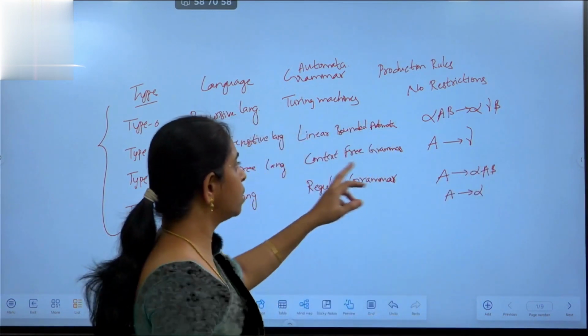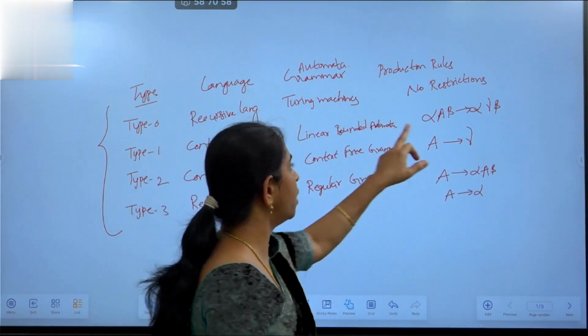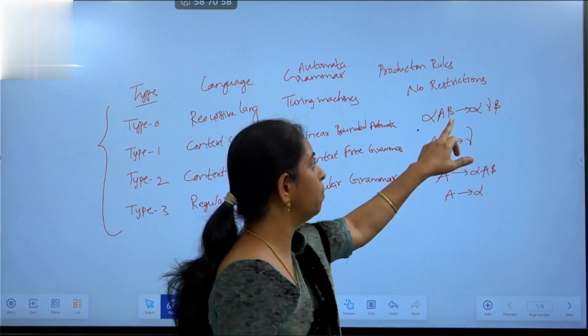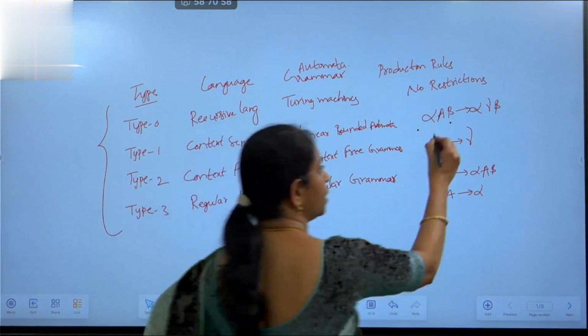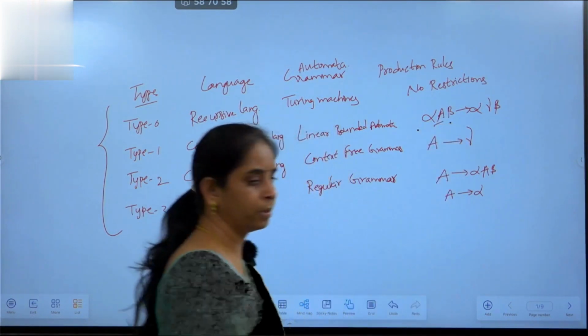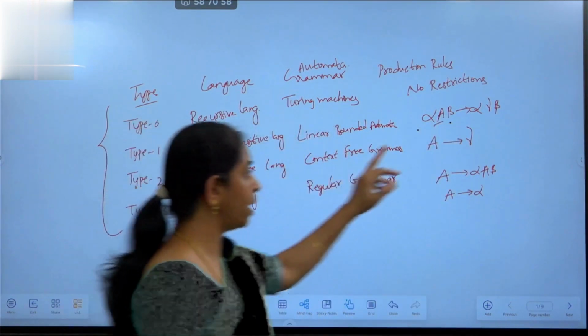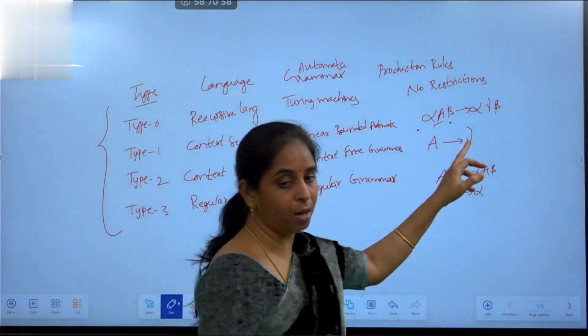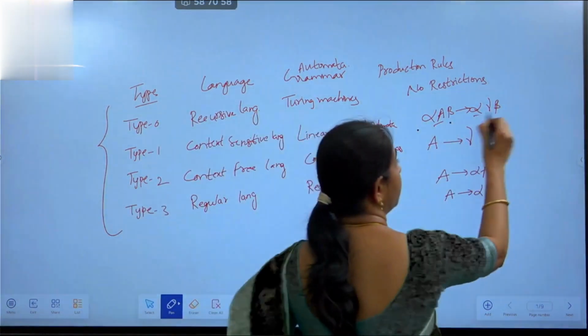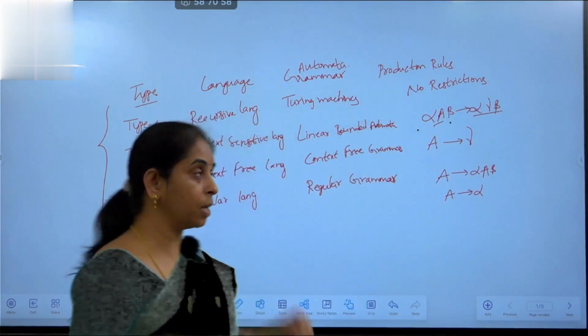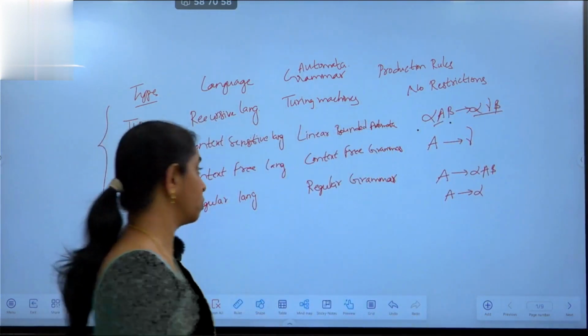If we discuss the linear bounded automata, alpha and beta may be terminals or non-terminals of any type, while A is only a non-terminal. That means for the type 1 language, at least a single non-terminal is sufficient on the LHS side. On the RHS side, we can use terminals or non-terminals.